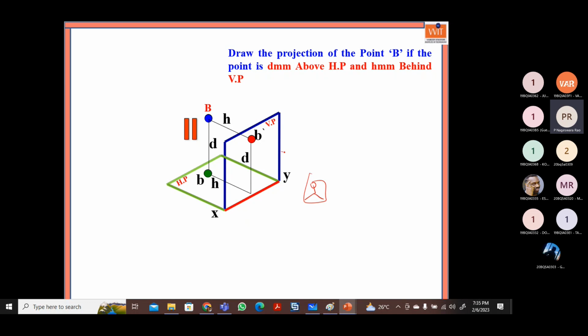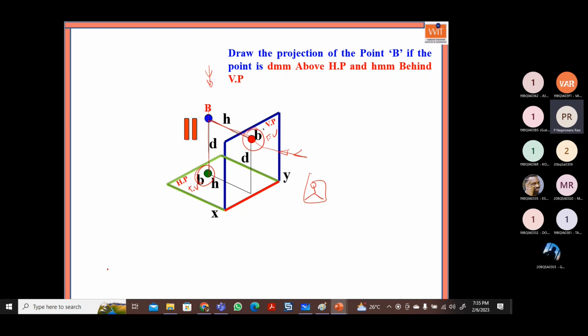When you observe the object and send the light rays in the front view, because it is a transparent plane, you will get the image here once again on the vertical plane, that is the front view image. Similarly, when you look from the top, we get the image of this object on the horizontal plane. So we got the top view on the horizontal plane and the front view on the vertical plane by default.